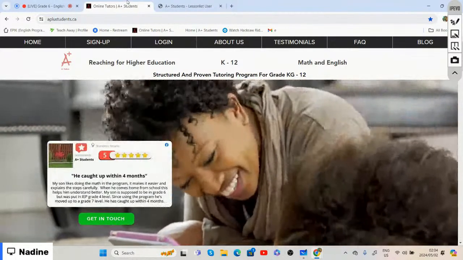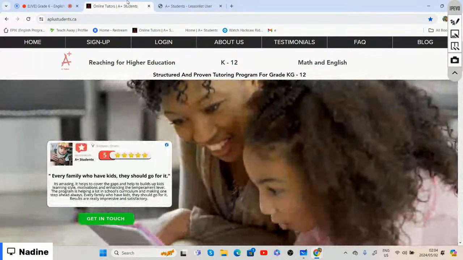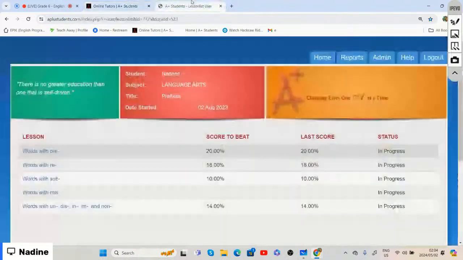And then we're going to scroll down until we get to the chapter of prefixes.